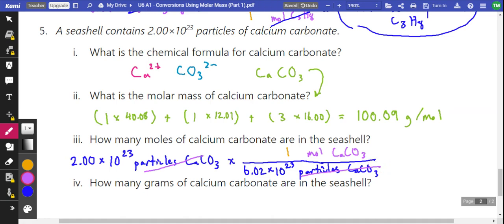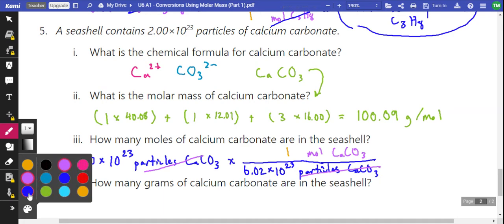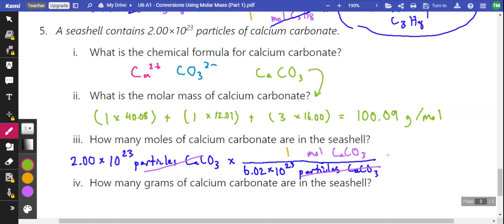So I just have to plug this into my calculator: 2.00 times 10 to the 23rd, times 1 if you want to do the times 1, divided by 6.02 times 10 to the 23rd. And my calculator spits out an answer that looks like this.